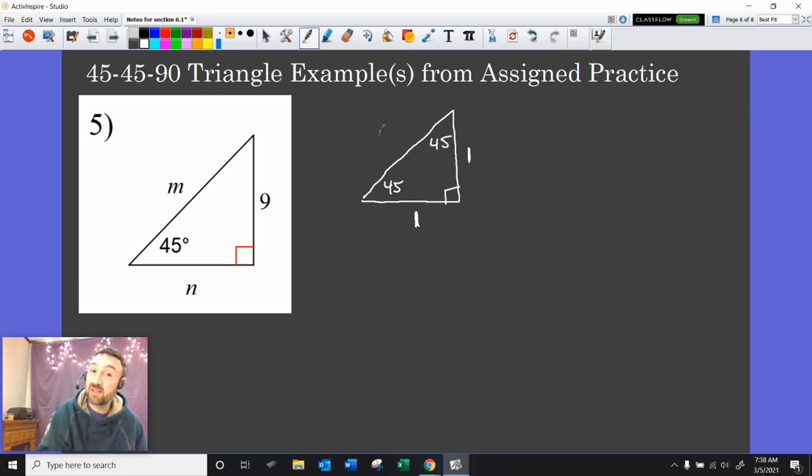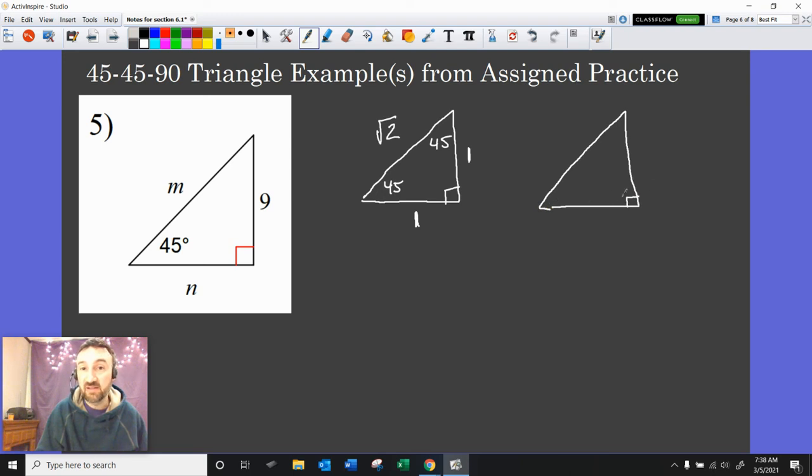And the side across from the 90-degree angle would be the square root of 2. So if I want to grow this triangle to make them match the original picture, I would just have to take all of the side lengths, and our direction here would be to multiply by 9.